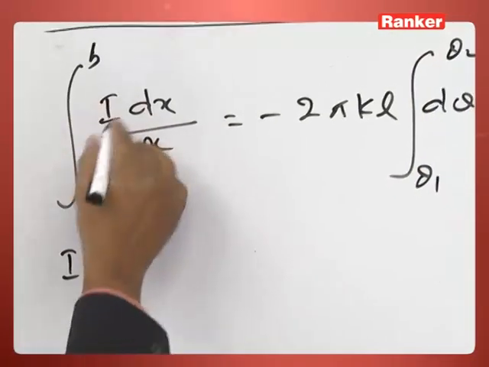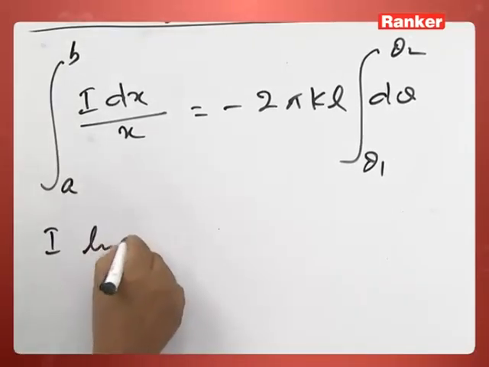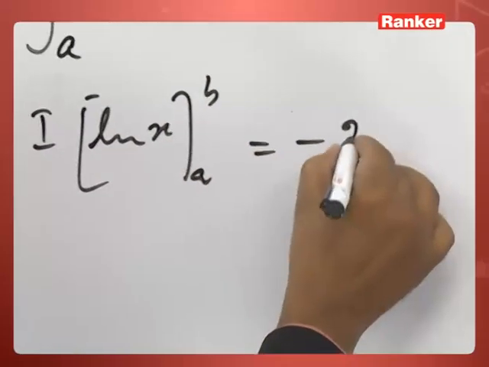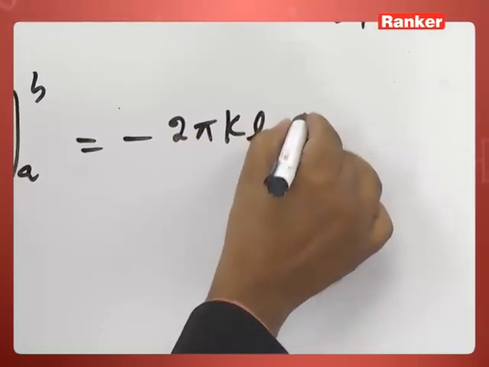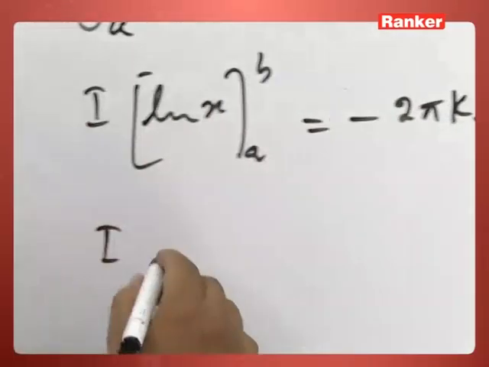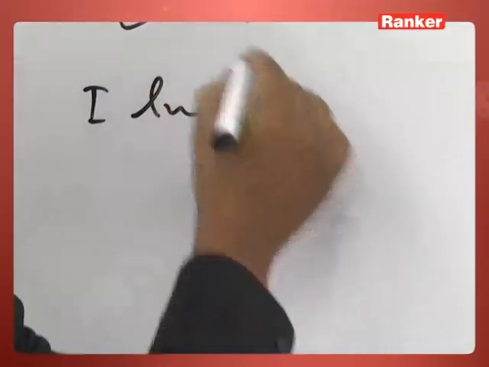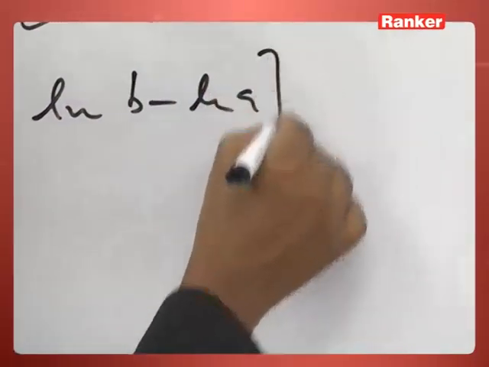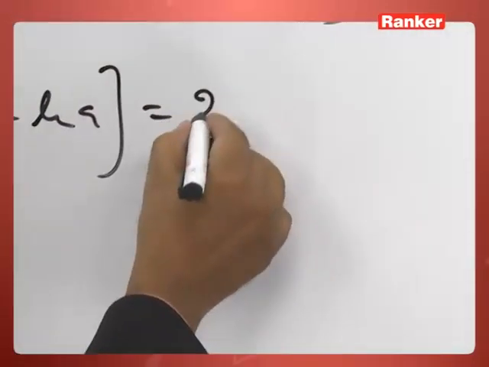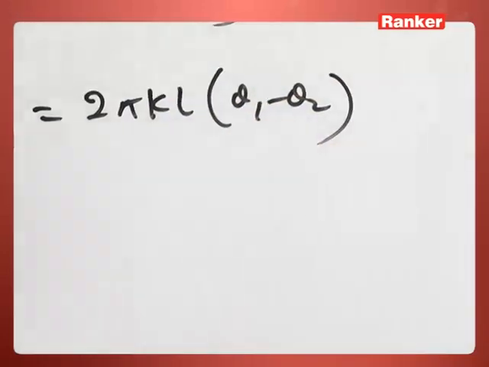So, I times the integration of 1 by x, which is ln x from A to B, equals minus 2 pi k L into theta 2 minus theta 1. So, heat current I times ln, first substituting B, then A, the limits are over, equals, bringing the minus inside, theta 1 minus theta 2.